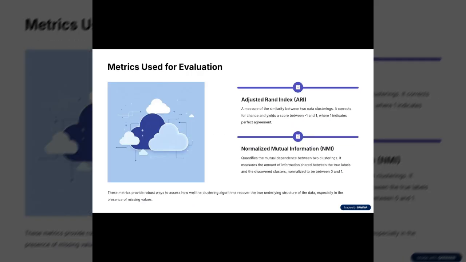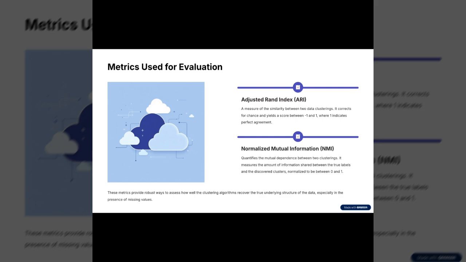To evaluate this approach, the paper uses two common clustering metrics: adjusted Rand index or ARI, which measures how aligned our clusters are with the true labels, correcting for chance matching, and normalized mutual information or NMI, which measures how much information the cluster labels share with the true labels.